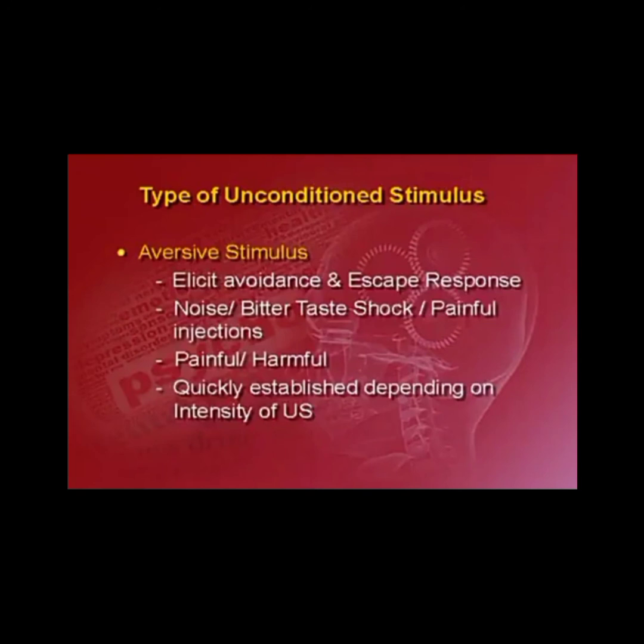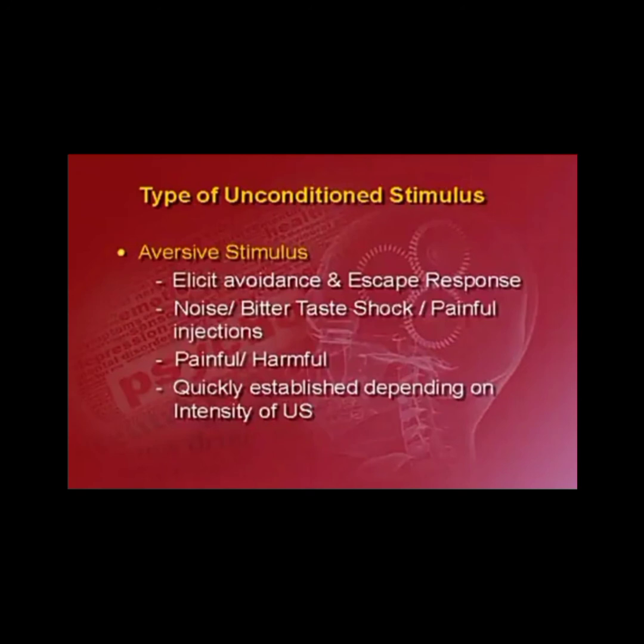These will create a response of avoidance or escape, as these stimuli are very painful and harmful. And you would be surprised to know that the conditioning with these stimuli is faster.